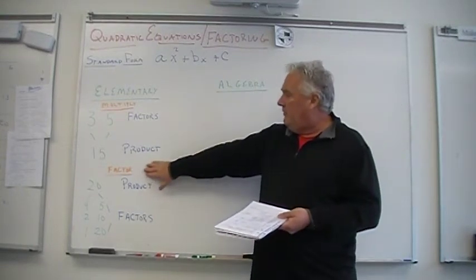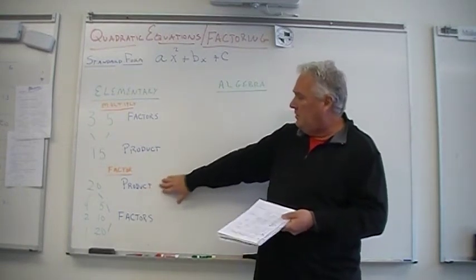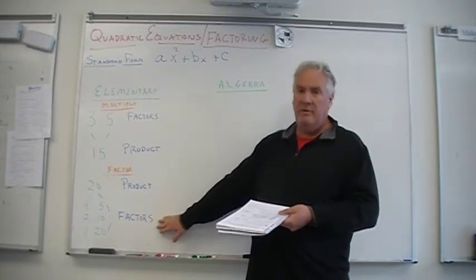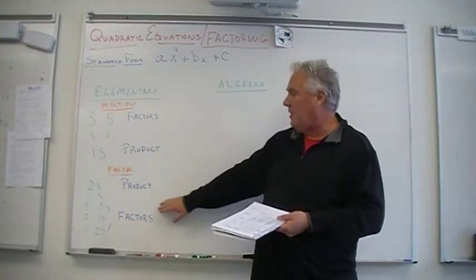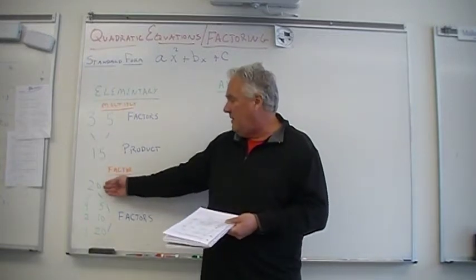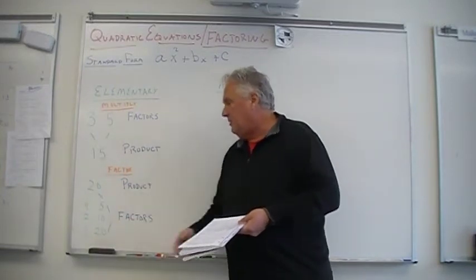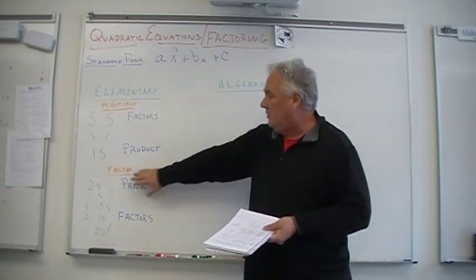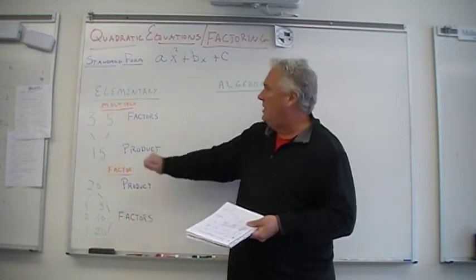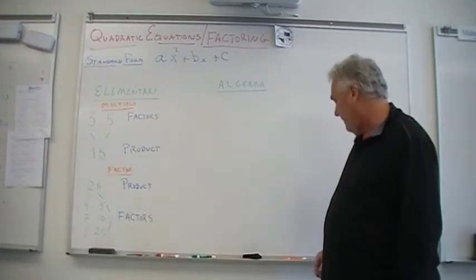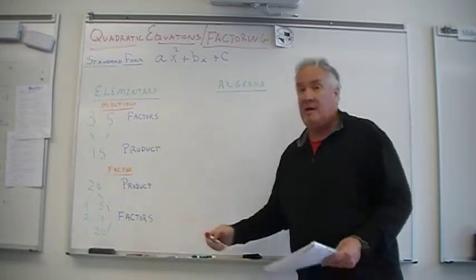That to factor means here's the product, and then what are the factors, what times what will give us that product. So in this case, we take 20, and we can break it down to 4 times 5, 2 times 10, or 1 times 20. So product, factors. When we multiply, we take factors, and then we have product. So how do we do that algebraically?